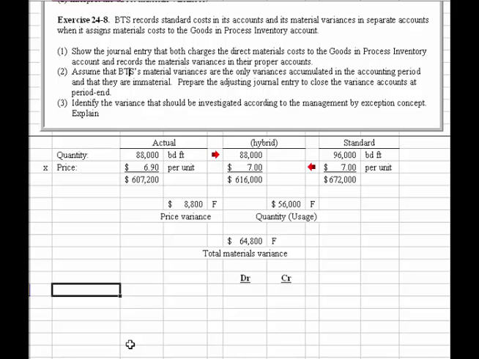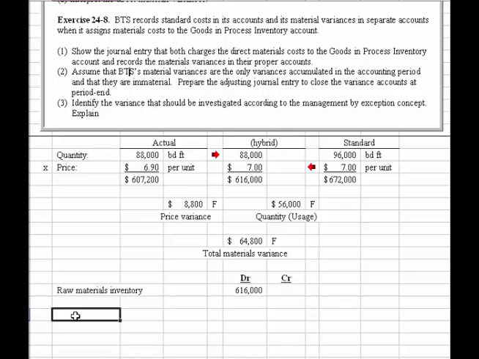So what typically would happen is we would debit raw materials, and with a standard cost system, this would be raw materials inventory, that debit would be equal to the 88,000 boards we purchased, and it would be whatever amount we've purchased. They haven't given us that in the problem, times the standard price, which is the $7 appearing right there, or $616,000.